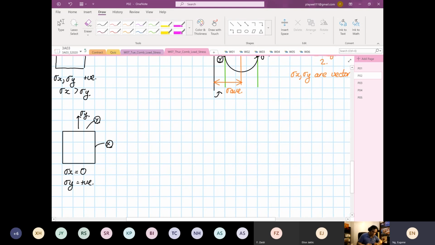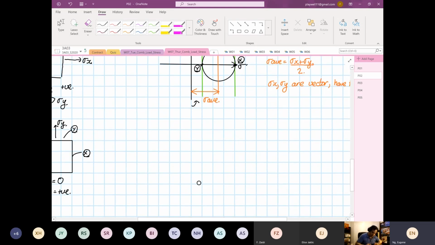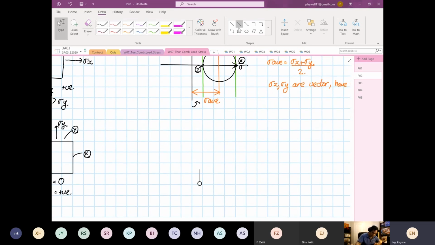Positive. So once again, we construct Mohr circle. So this is your Mohr circle. Normal stress. Then you have your shearing stress.